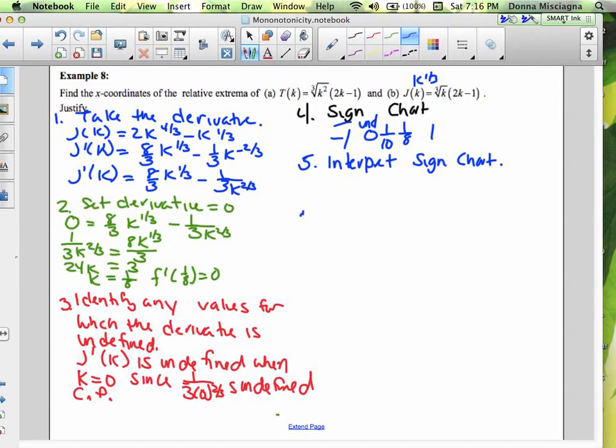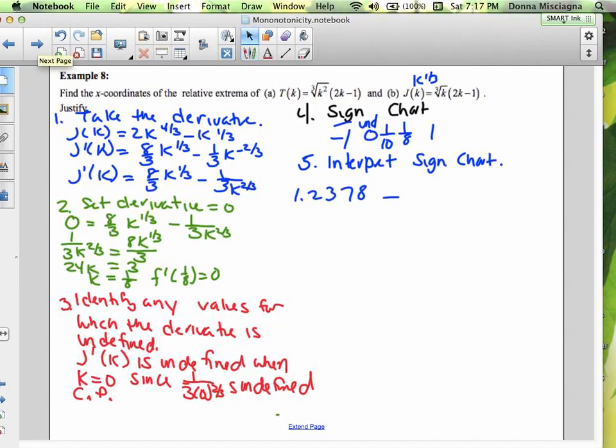Oops, I forgot to multiply by 8/3. Times 8 divided by 3 equals, all right, so we've got 1.2378 minus, if we plug in the 1/10 there, we've got 0.464.